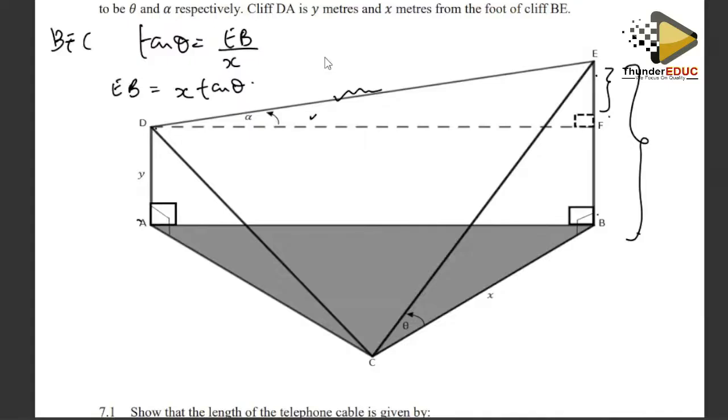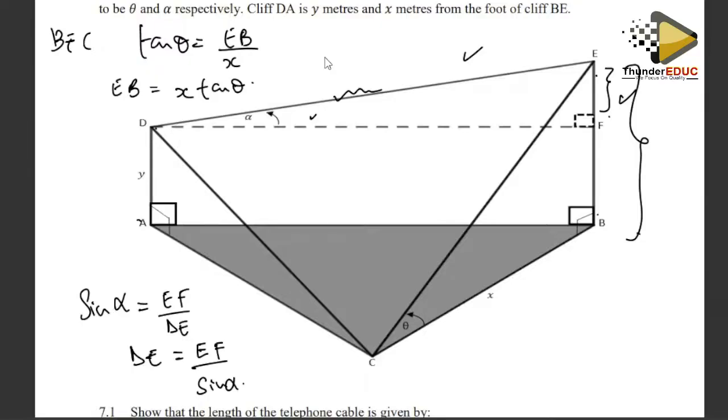Then I can now proceed and use the sine and say that the sine of alpha is going to be the opposite, which is EF over DE. But we want the DE, which is going to be the EF over the sine of alpha.